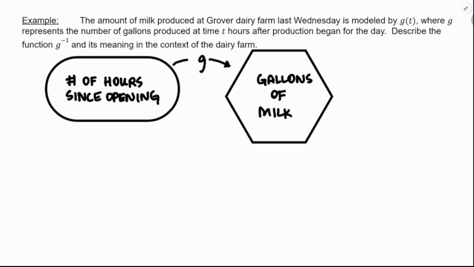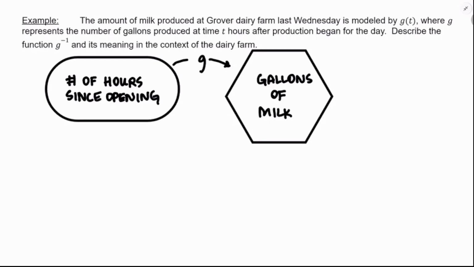Another would be: the amount of milk produced at the Grover Dairy Farm last Wednesday is modeled by g of t, where g is the number of gallons produced at time t hours after production began for the day. We're going to describe the function g inverse and its meaning in the context of the farm. The function g takes t, it's g of t, so it takes the number of hours since opening and gives you the number of gallons of milk produced.